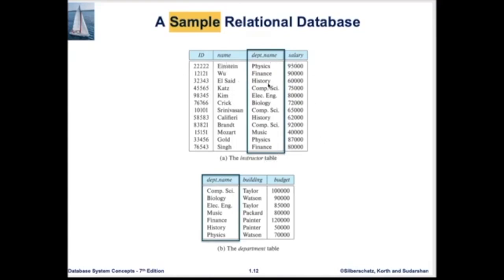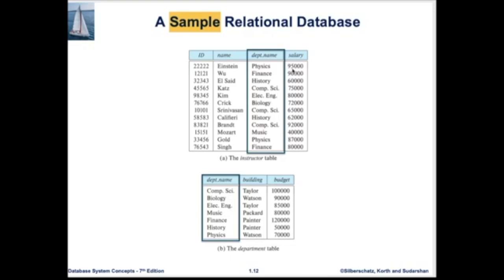So meron siyang ID, name, department name, and salary. So one piece of information is that Einstein with an ID 22222 is in physics department. So ito yung department name niya, and yung salary niya, let's say, is 95,000.